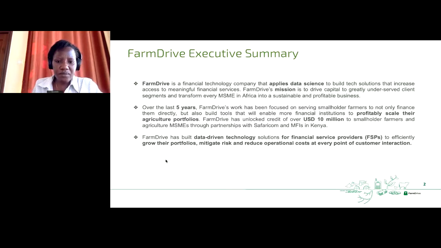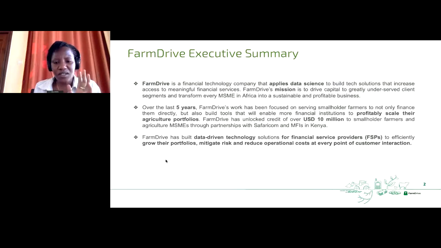So in summary, FarmDrive is a financial technology company, and we apply data science to build technology solutions that increase access to meaningful financial services for smallholder farmers. Our main mission is to drive more private capital to underserved client segments, and most of the underserved client segments live in the rural areas in Kenya, and most of them are smallholder farmers.